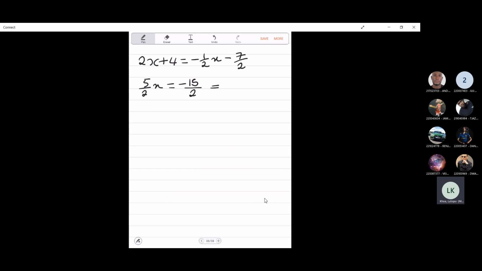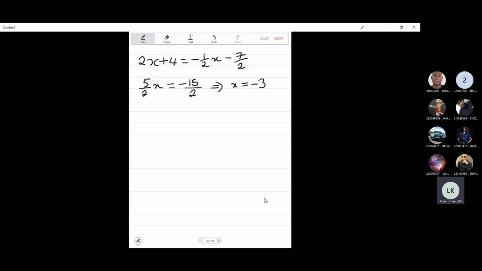Okay, and then this means that x is equal to minus 3.